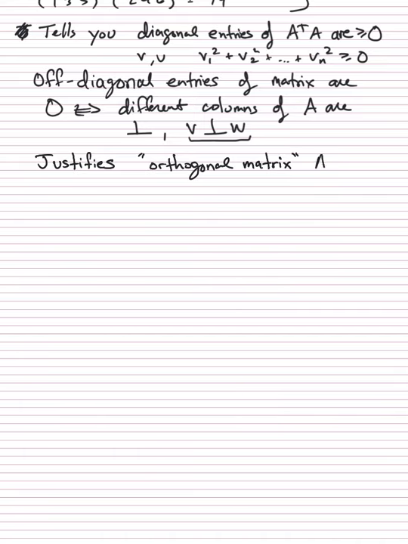Where A transpose is A inverse, so we get A transpose A is equal to the identity. What this means is that under A, and notice this has to be a square matrix for this to make sense, since we're assuming that the transpose is the inverse.